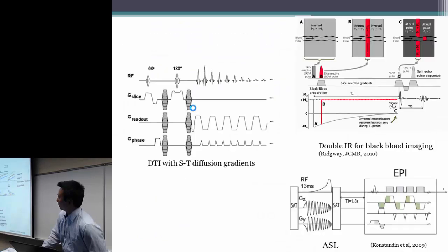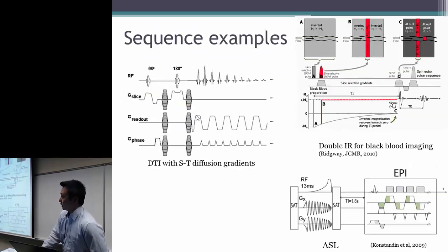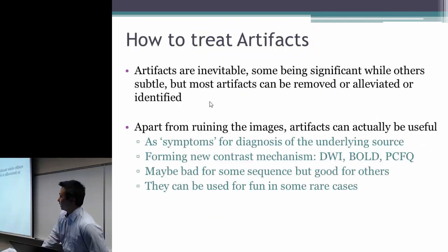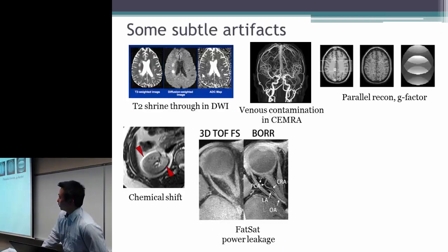Basically, the sequence is a spin echo sequence, so it will have a T2 weighting effect. This T2 weighting effect will lead to a high signal in the calculated diffusion coefficient maps, which is not due to the diffusion effect, but just due to the T2 weighting.